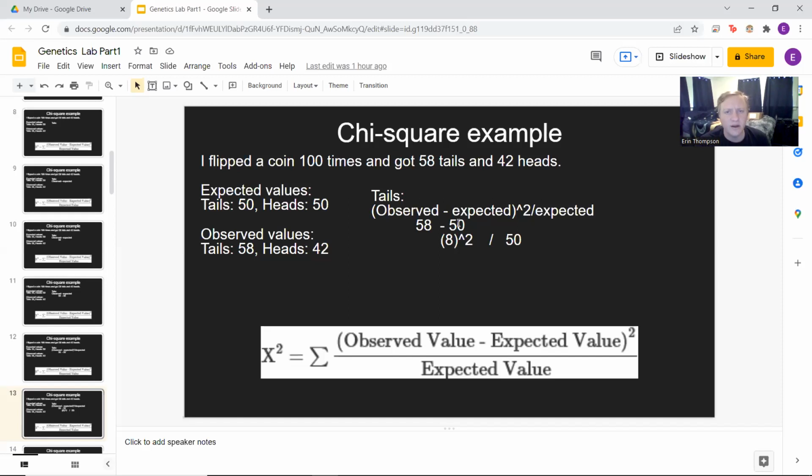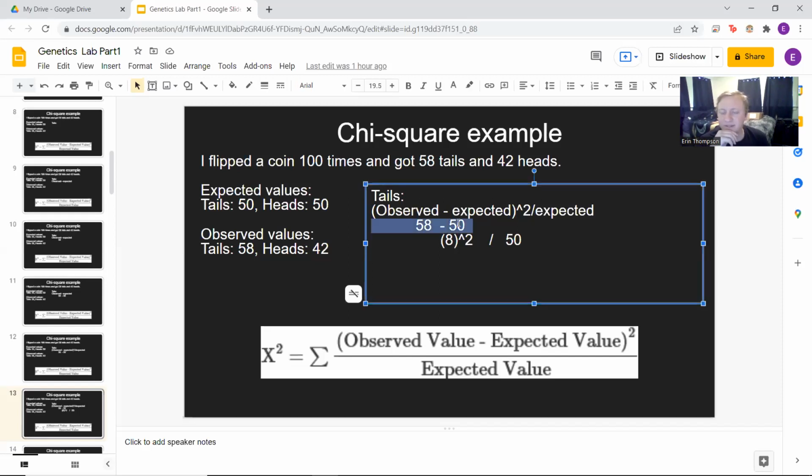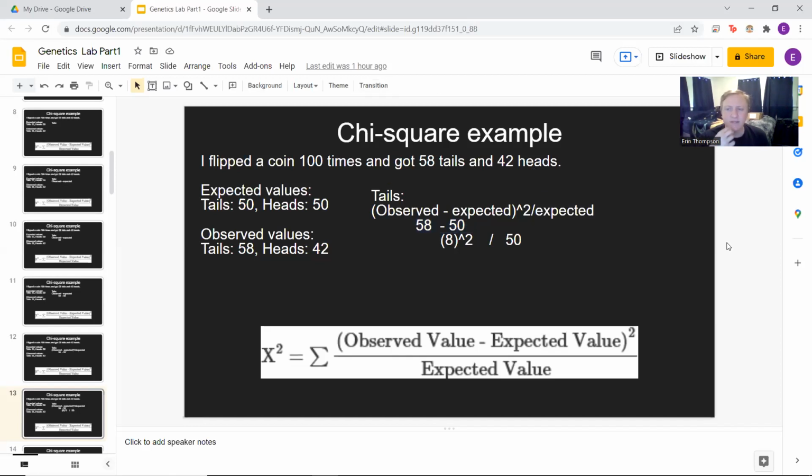So everyone in here, I'm sure, can do this first part at least. Just observed minus expected, then you square it. And when I say square, I mean multiply that number by itself. And so 8 squared is 64. And then you just divide that by your expected.